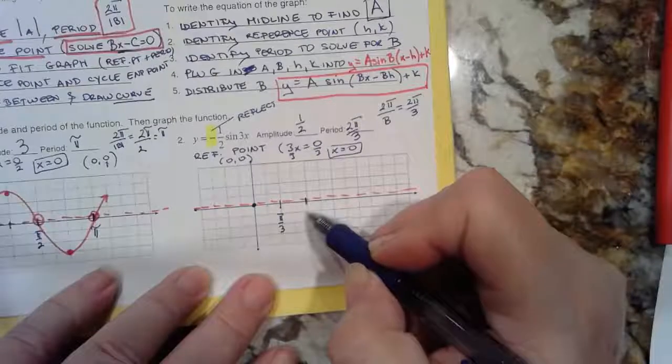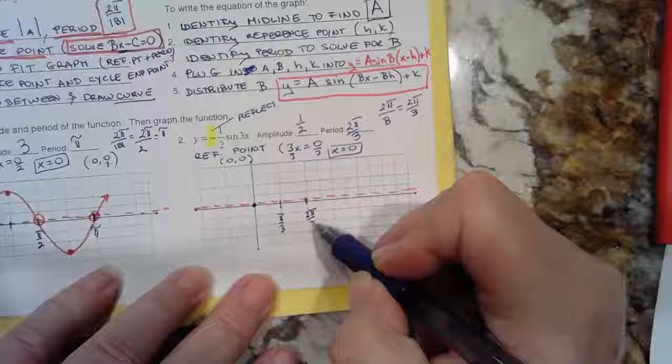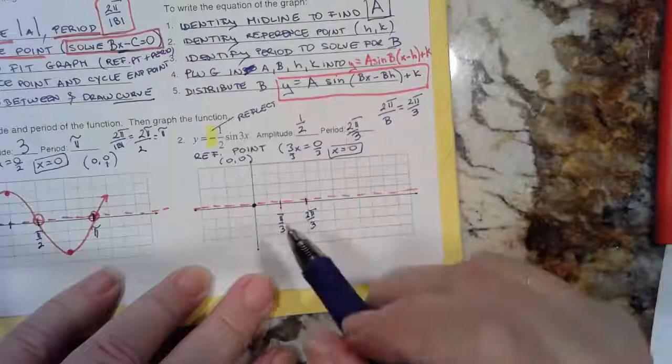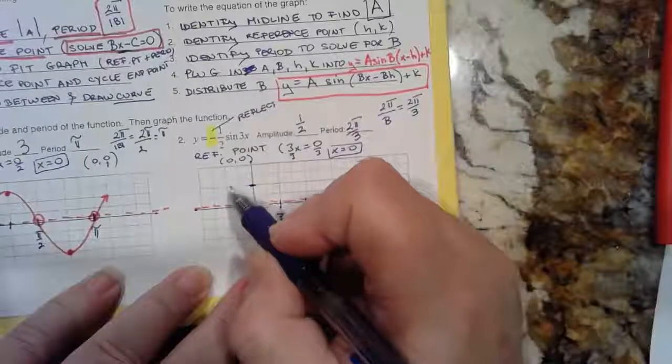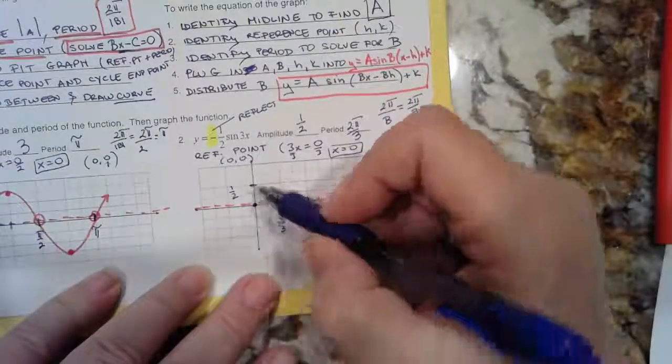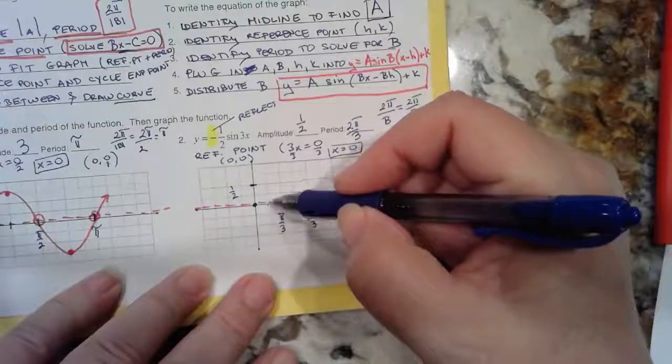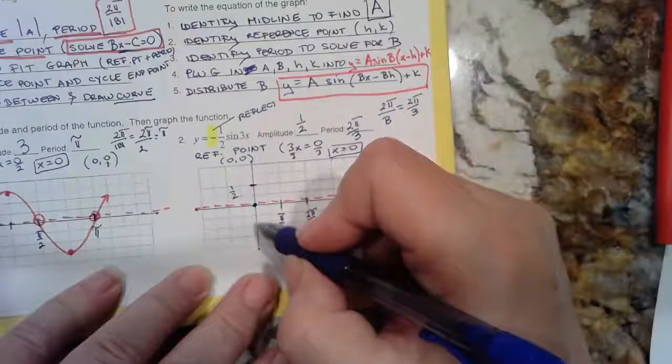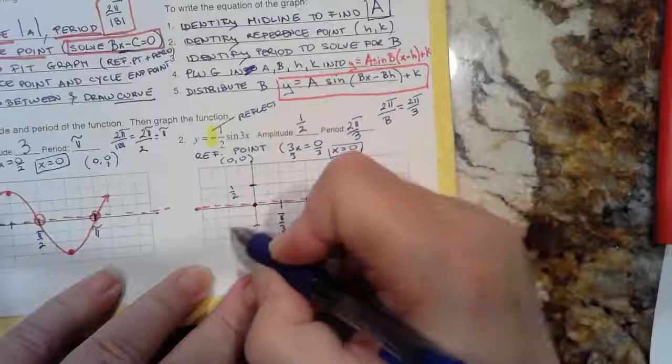And it's going to be 2 pi over 3. Okay. My amplitude is 1/2, so I'm just going to label this as 1/2. Technically, I could label this as 1/2, whatever works. The only reason I'm saying don't make it too small is because I have to be able to see all your points. So this would make it -1/2.